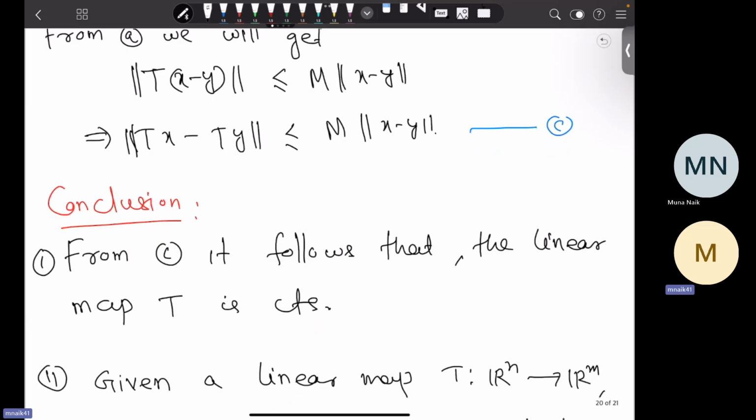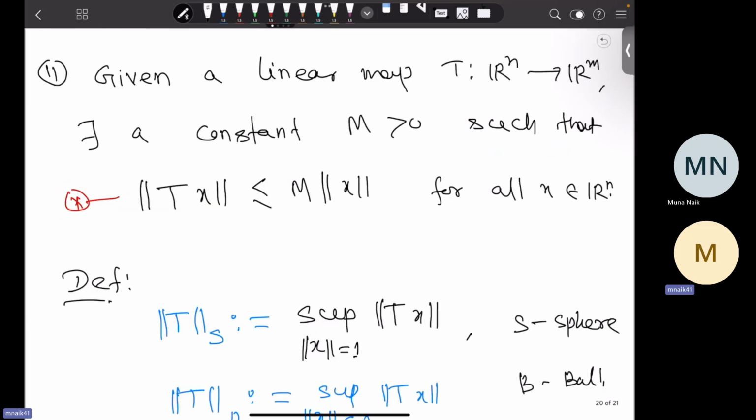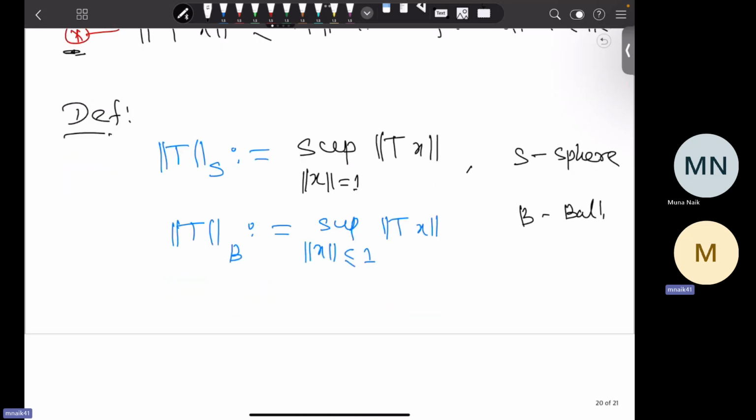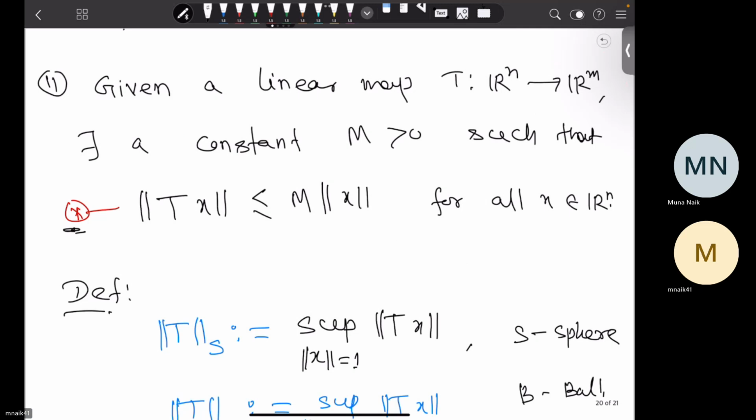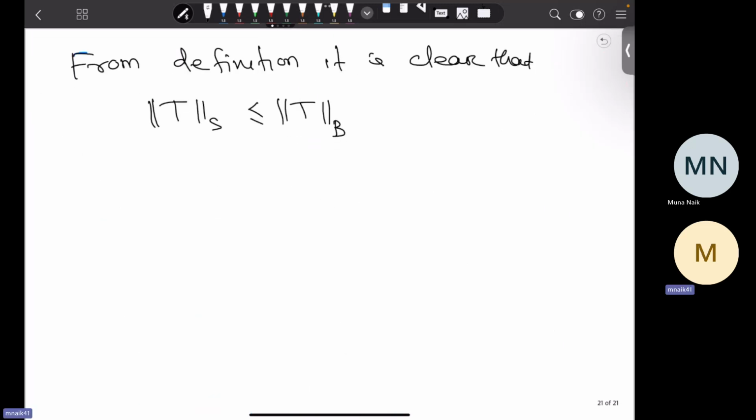And this will be less than or equal to what? From star, if I take the supremum over norm x less than or equal to 1, this is less than or equal to m. So from star it follows.